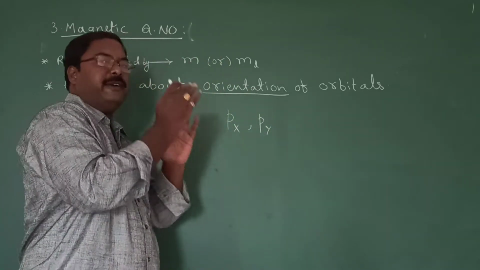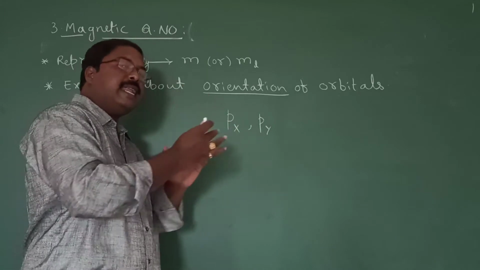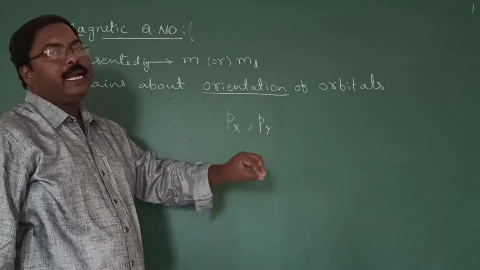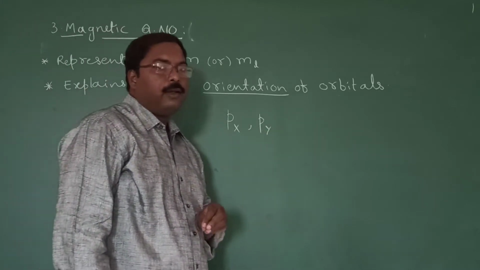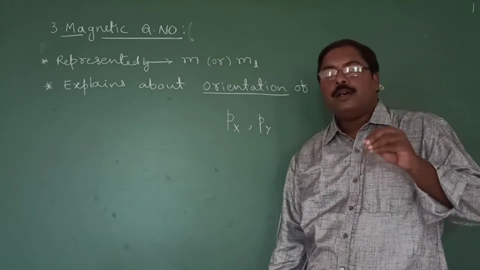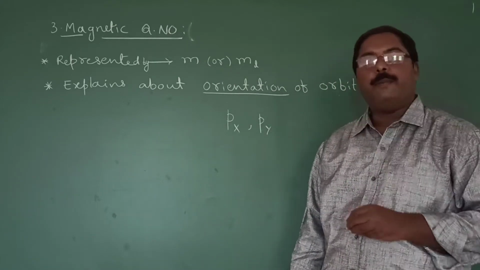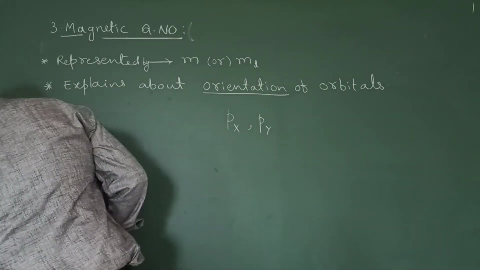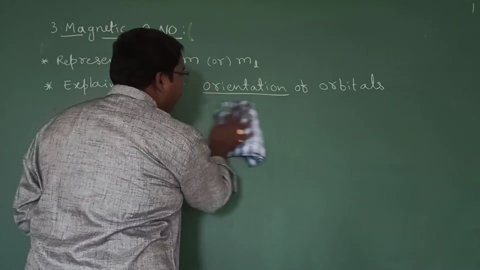So these can be differentiated or designated using the quantum number which is known as the magnetic quantum number. So the magnetic quantum number explains the orientation of the orbitals, meaning the direction of the orbitals.